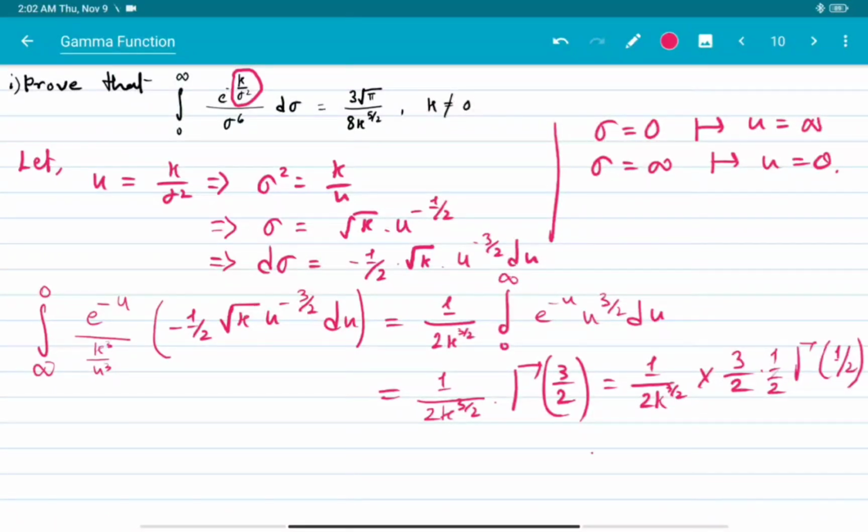And this will finally be 3 over 8 times root over, so k to the power... okay, sorry, not 3 over 2.